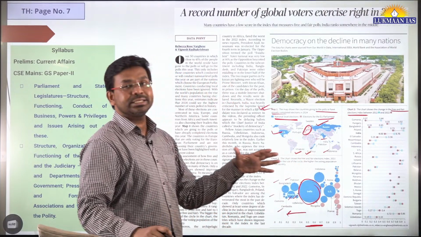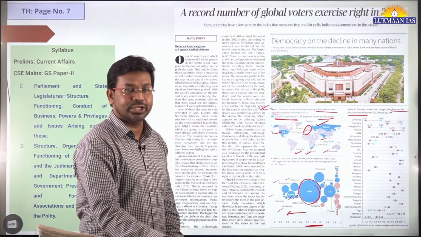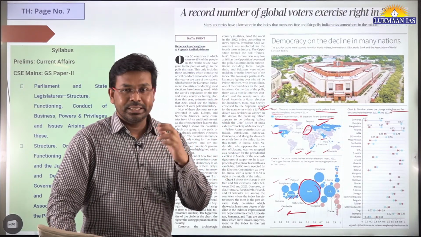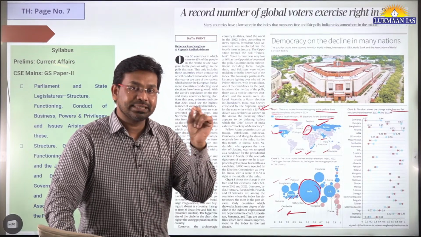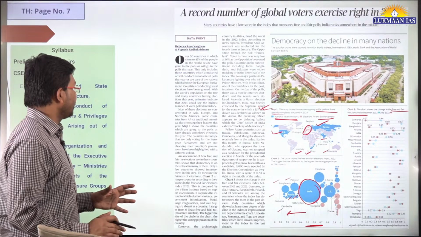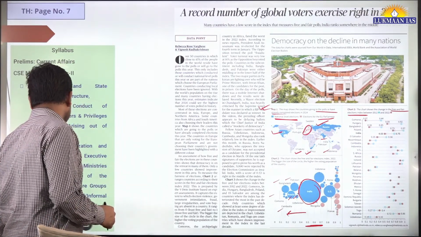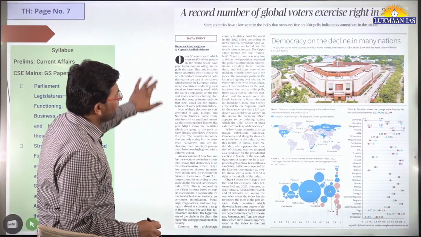These countries are performing better than India when it comes to free and fair elections. So this article showcases that a huge number of people are exercising their right to vote in 2024. It says most of the world's population is going to exercise this right this year. So this gives us a sense of this topic.